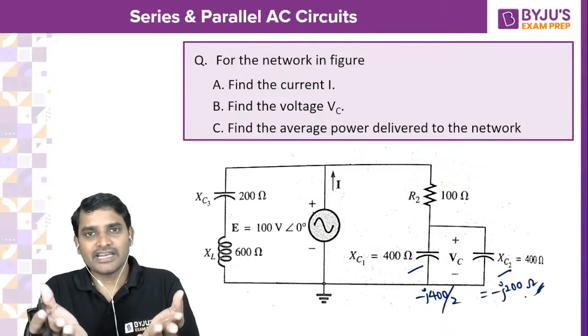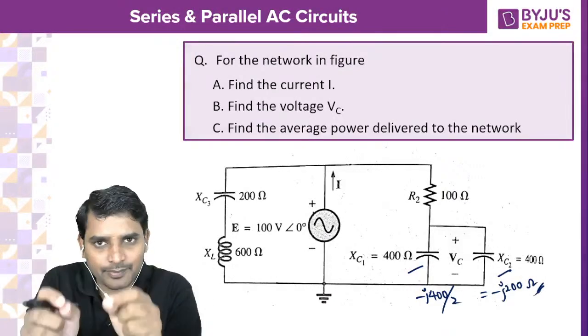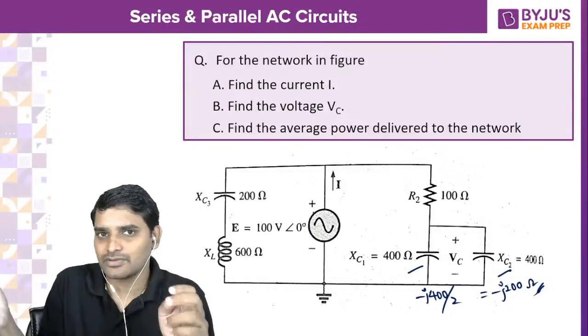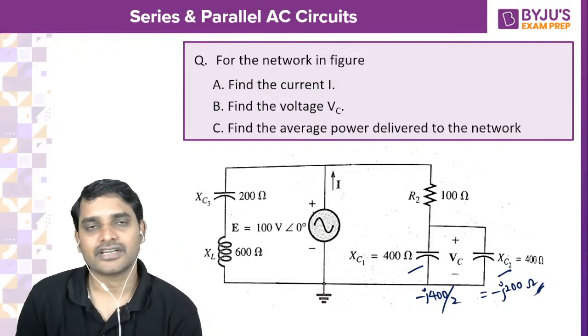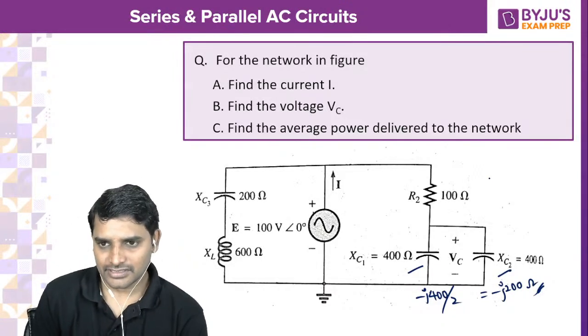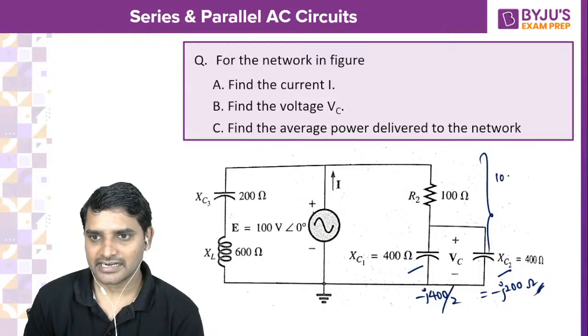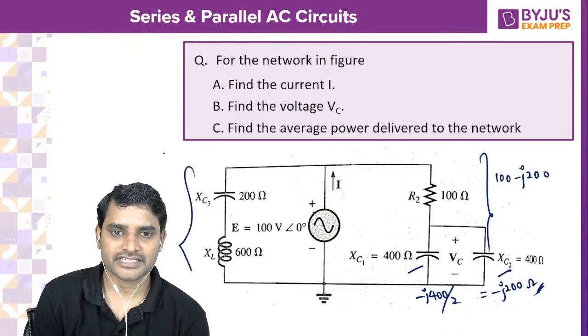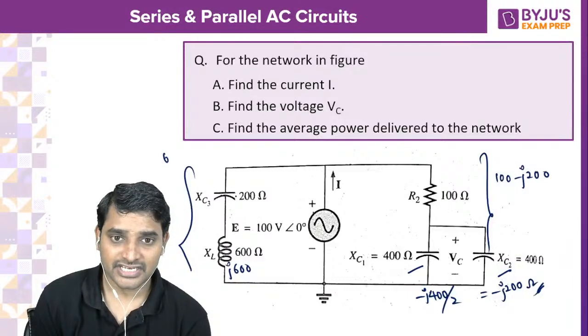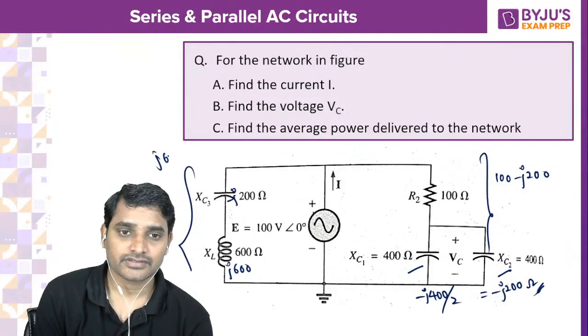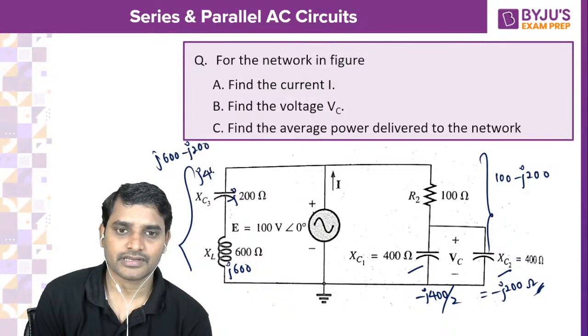So the equivalent reactances are 400 ohms and 400 ohms. When they are connected in parallel, the reactance will be reduced: minus J200, no doubt. So this side path impedance is 100 minus J200, and the other side is J600 minus J200, so it comes out as J400.